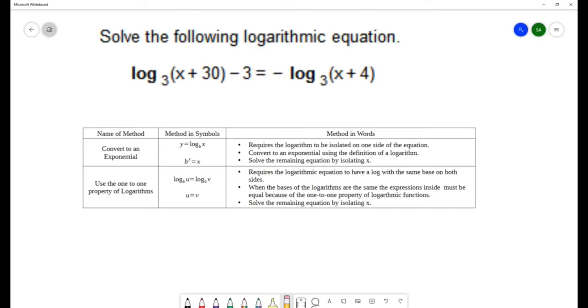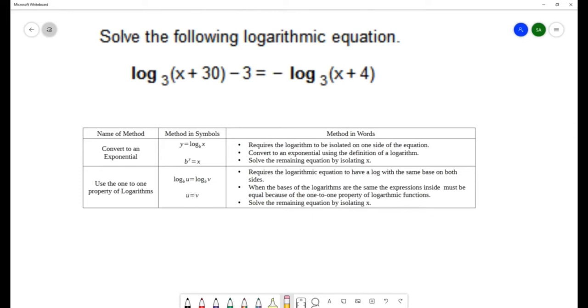Then we look at the second method, which is using the one-to-one property of logarithms. In this property, you would need to have log base b on one side and log base b on the other side in order to reduce that equation in this way.